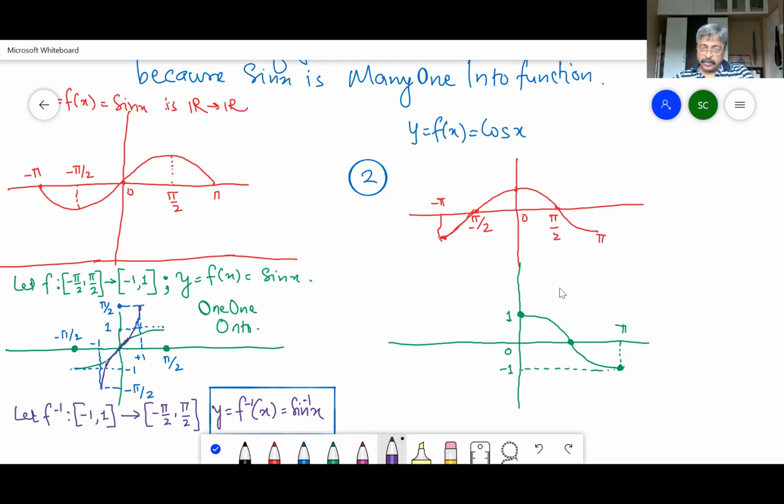Correct. So this is going to be 1. It will go here and it will go on eventually. This is 1. This is π/2. This is π.